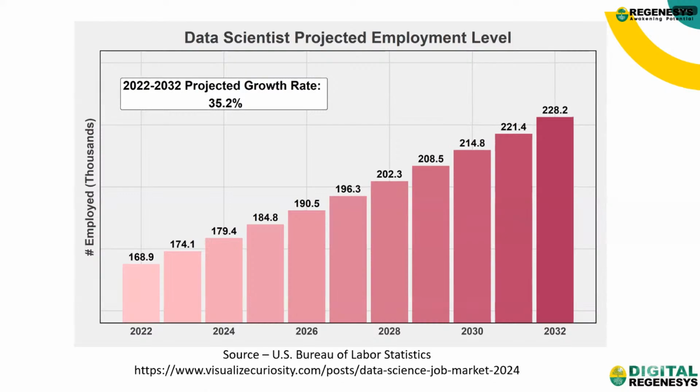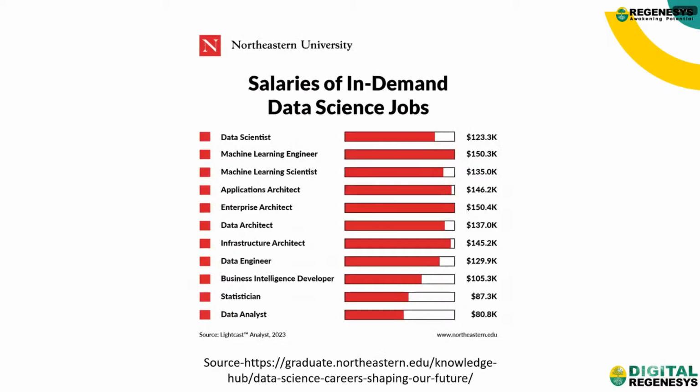Another study shows that during this period of 2022 to 2032, there is a projected growth rate of 35% as far as data scientist jobs are concerned. And according to this study by Northeastern University, you can see that on average, a data scientist earns 100,000 US dollars yearly.